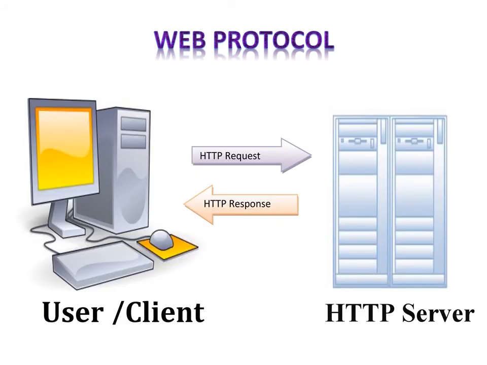In this picture, when you search something, an HTTP request will go to the HTTP server, and then the HTTP server sends the response to the computer or the client. That response is called an HTTP response.